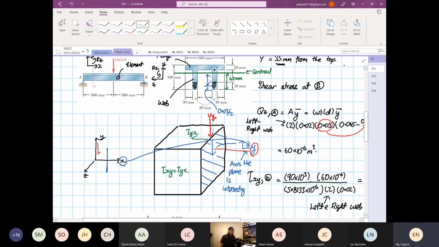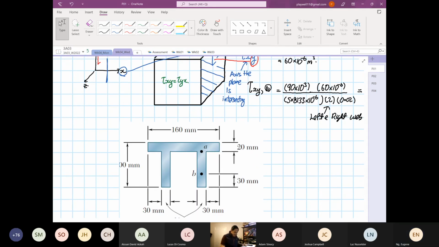Locke, is that clear now? Clearer now? Yeah, thank you. You have to get this orientation right, because later on when we do 3D this is so critical. If you get it wrong, you don't know which shear stresses you are counting. Okay, good.